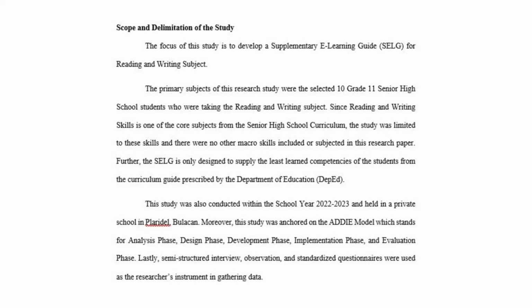Sa pangalawang paragraph, I mentioned the participants, ang bilang nila, at ang mga sinet ko na boundaries, such as focus lang ang research na ito sa dalawang macro skills, namely reading and writing skills. Wala na ding ibang macro skills na kasali pa. Moreover, reading and writing subject lang din ang kasali na subject at wala ng ibang English subjects na isasama pa sa analysis.